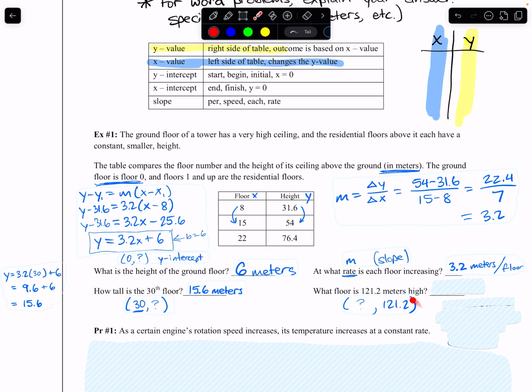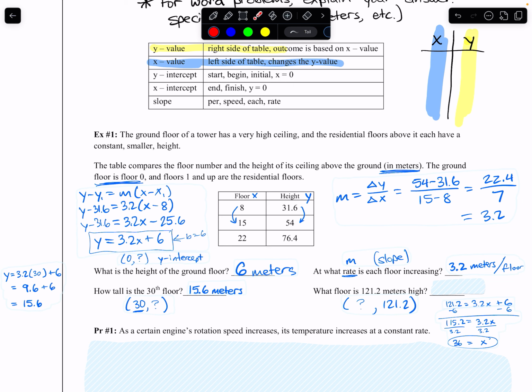And the last question, we're given a y value. So we can plug back into this equation here, we can plug in 121.2 for y. I do that here. And then solve for x.